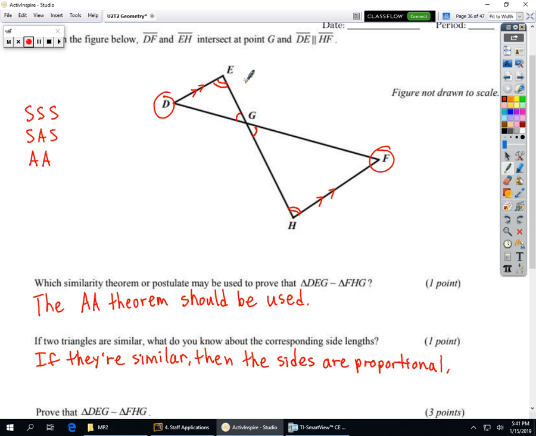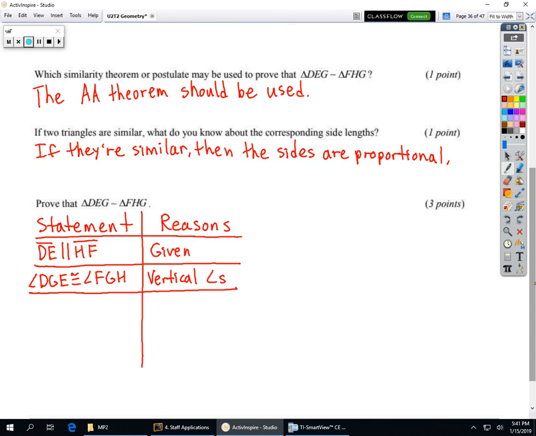We can just use one letter: angle E is congruent to angle H, and that's because they are alternate interior angles. Great, I have one pair of angles and another pair of angles.